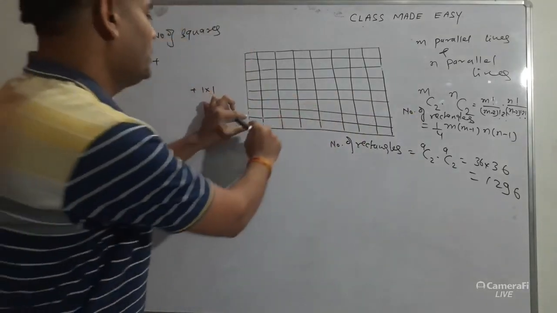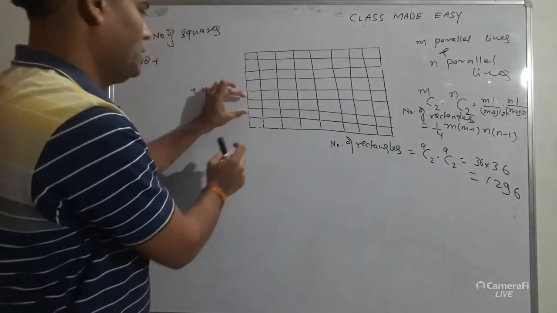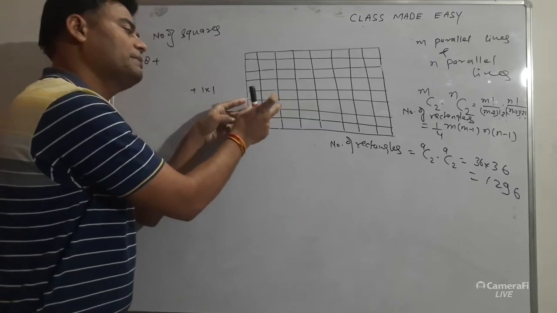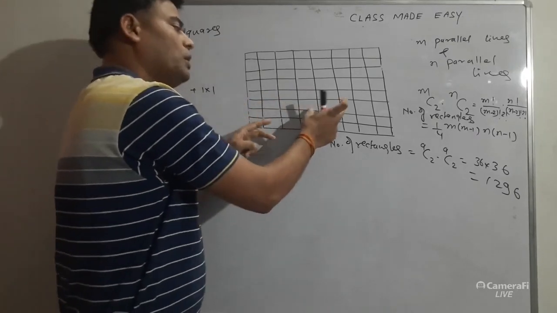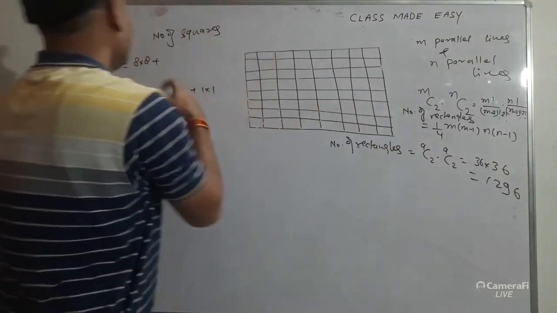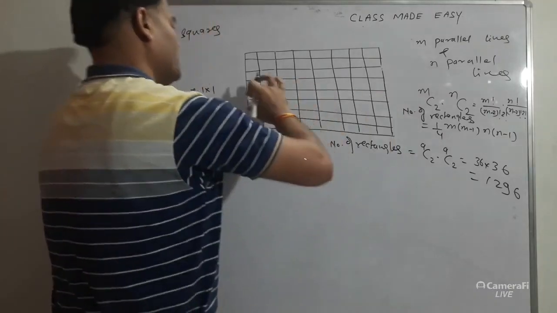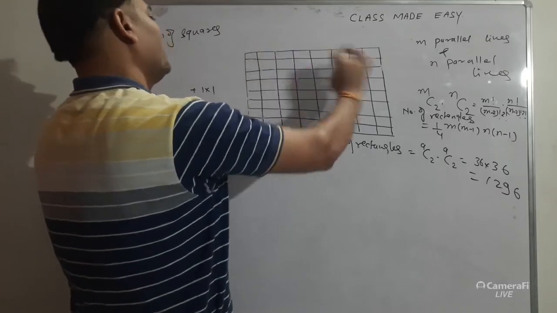So now if I leave this one, then in that 3 lines, the process is similar. 1, then 2, then 3, then 4, then 5, then you can see this 7, this is 8. So it is 7. So in that 7 squares are there. Again 7, again, and again.